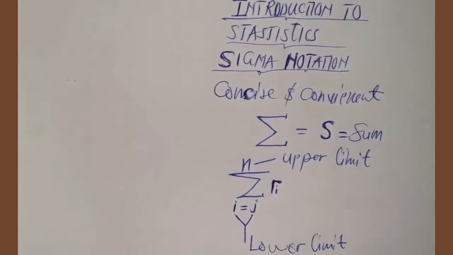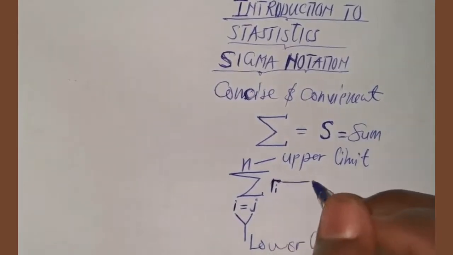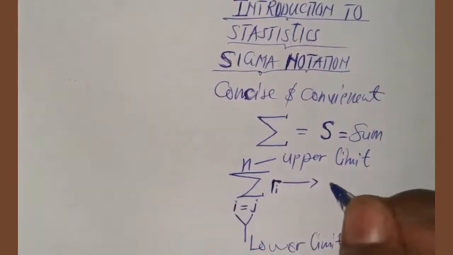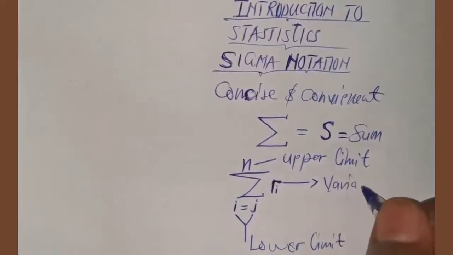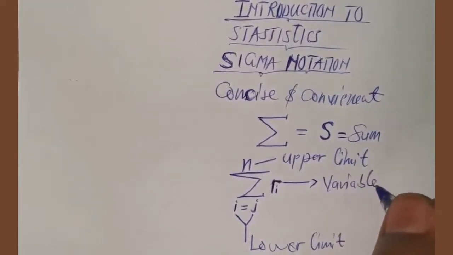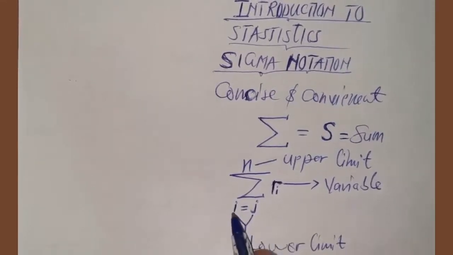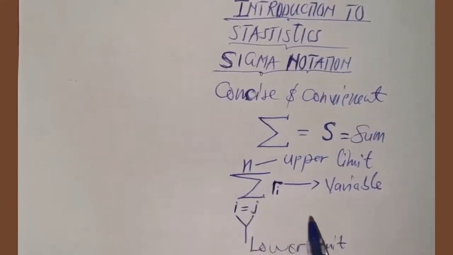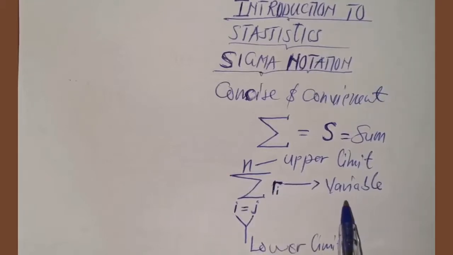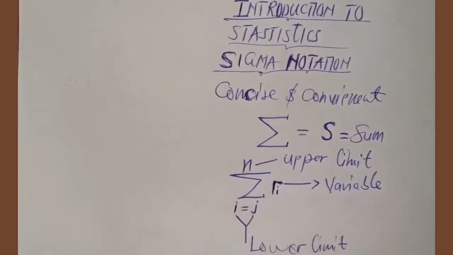Then the r here we call a variable. It keeps on changing with respect to the i, the j and the n.